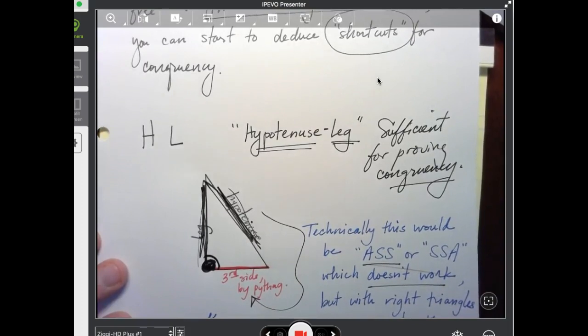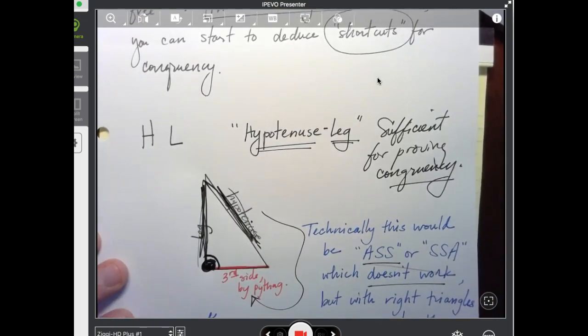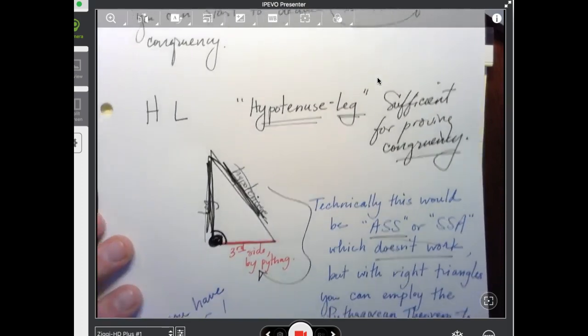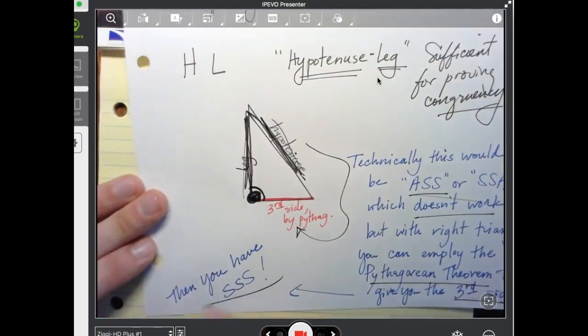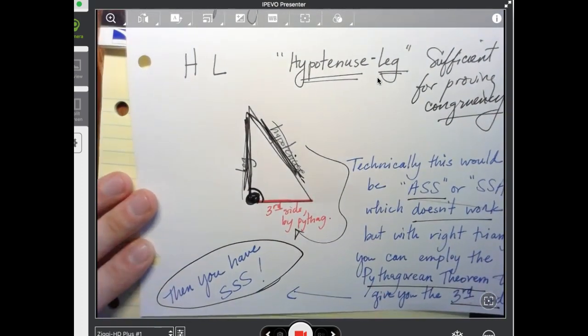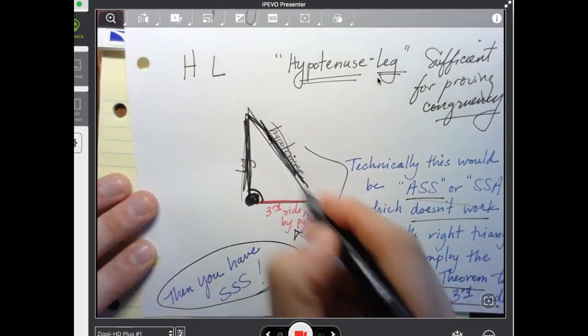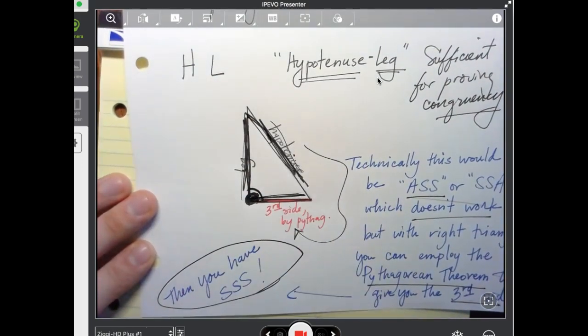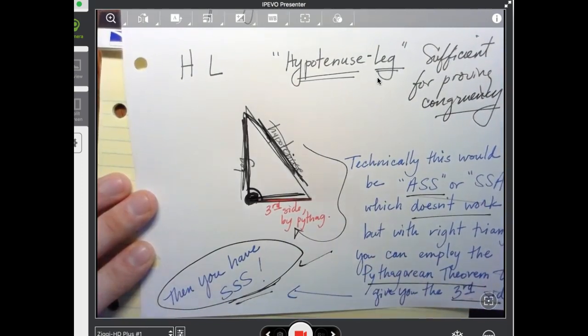But with right triangles, you can employ the Pythagorean theorem to get the third side, and then if you know the third side, then you have SSS, which we showed works, because then we have side, side, side. We have all three sides, which is good to go.